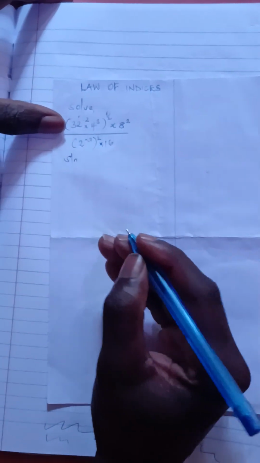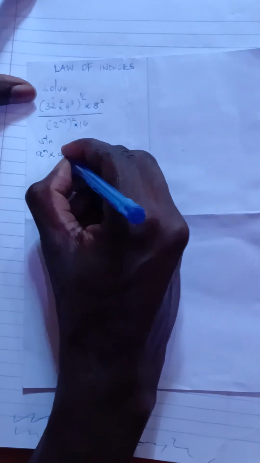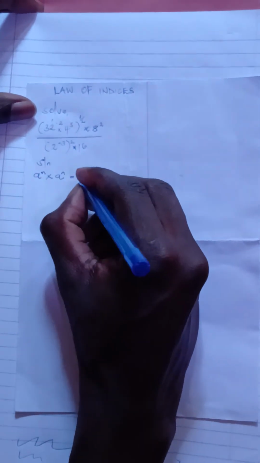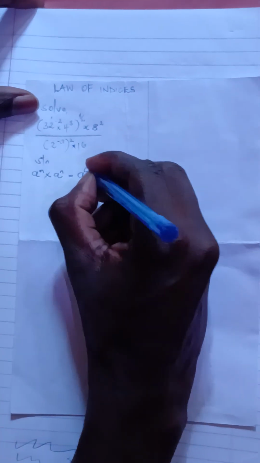So from law of indices, we recall that if you're having any variable raised to an index or a power multiplying another variable, they have to be of the same base, of course. This means that we pick one of the bases and we add the indices.